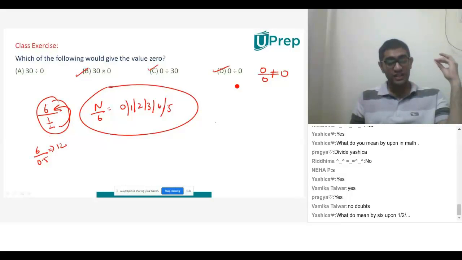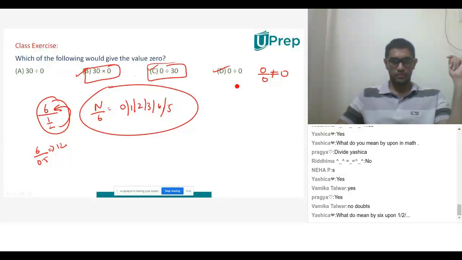But if we divide, we will get the answer as undefined. That is what I just explained. Any number divided by 0 is undefined. It cannot be defined. So, sir, my answer was correct. Yes, B and C is correct. Option B and option C.